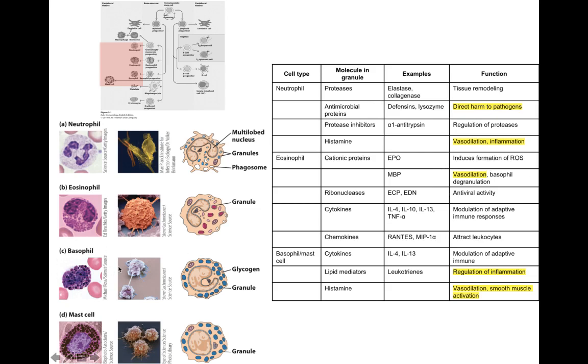Basophils are inflammatory, and they can promote vasodilation and smooth muscle activation, as well as mast cells. Mast cells are an important cell that we'll talk more about when we look at allergy later on in the course.